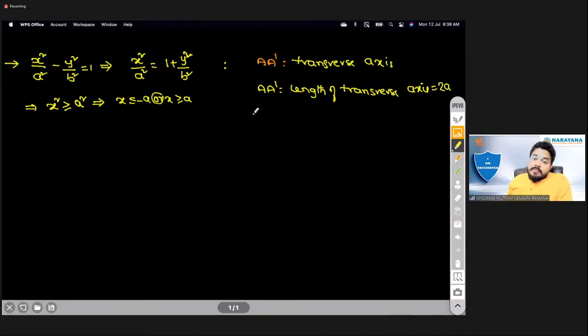So here the y-axis is known as the conjugate axis. The length of the conjugate axis is equal to 2b.